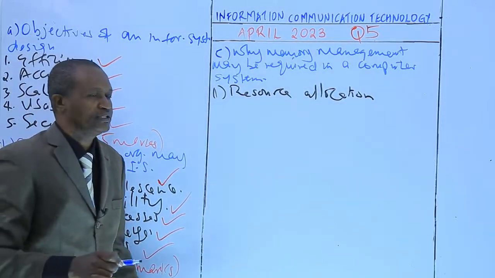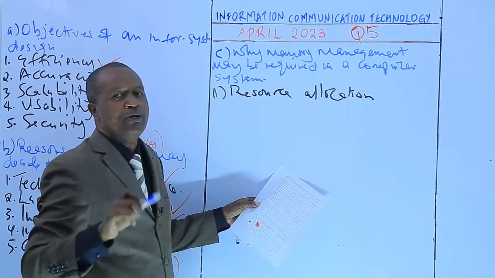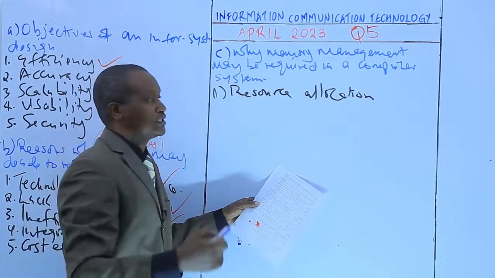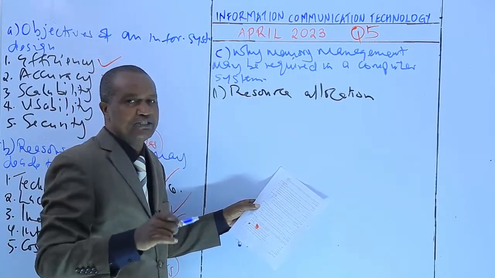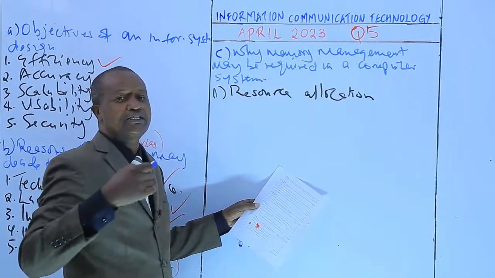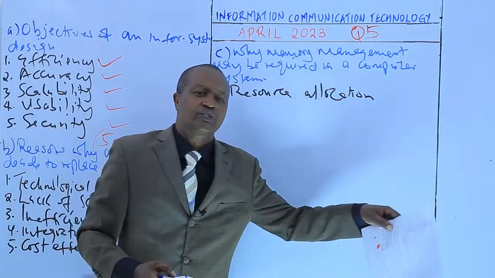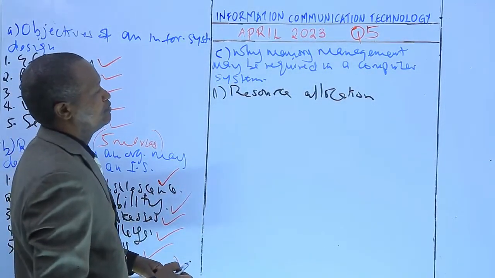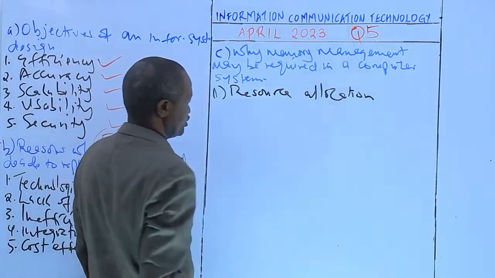Memory management ensures efficient allocation of memory resources to running programs or processes, and it allocates memory space based on their size requirements and optimizes memory utilization to maximize the overall system performance. So one reason why memory management may be required in a computer system is because of resource allocation.